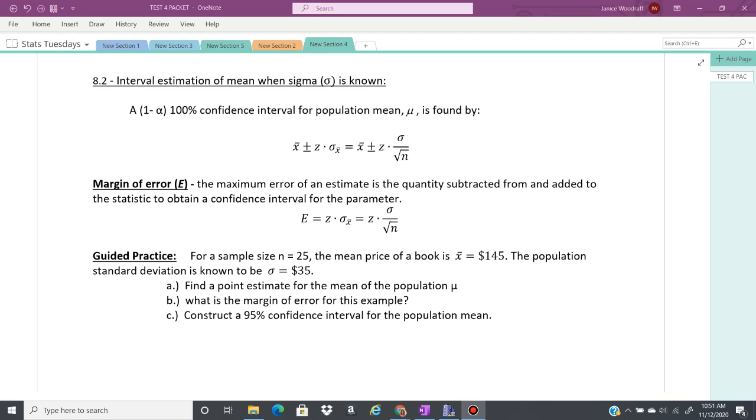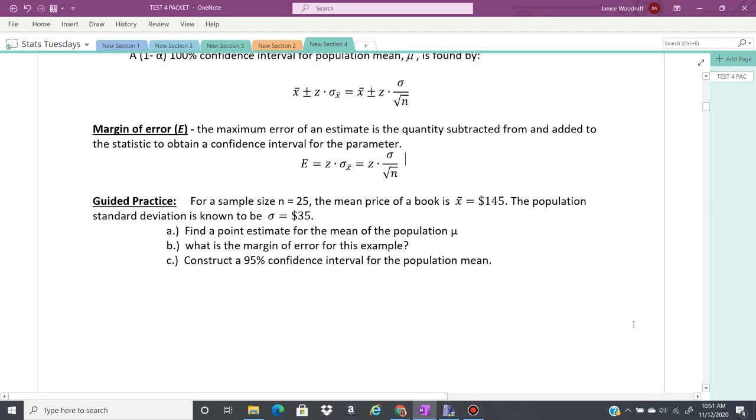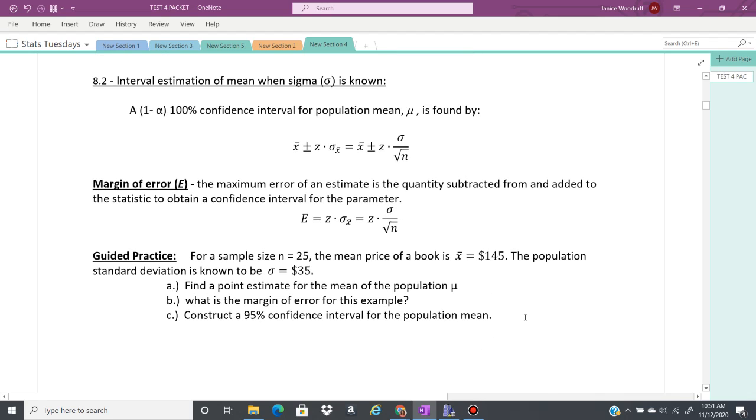So let's look through an example of how to work this. We have a sample size of 25. The mean price of a book is 145, and the population's standard deviation is known to be $35. Find a point estimate for the mean of the population.